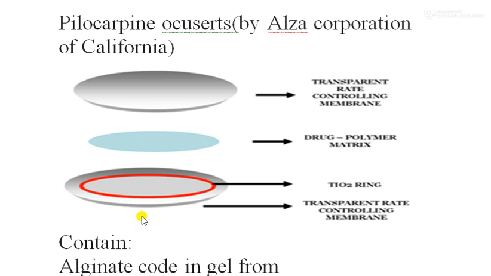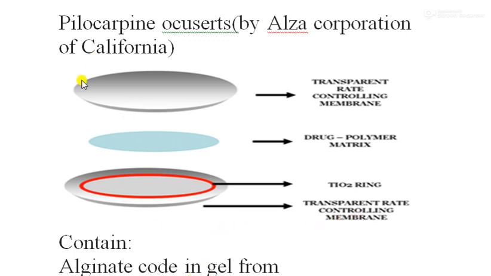And between these two transparent rate controlling membranes, there is a titanium dioxide ring placed upside of the bottom layer of transparent membrane.